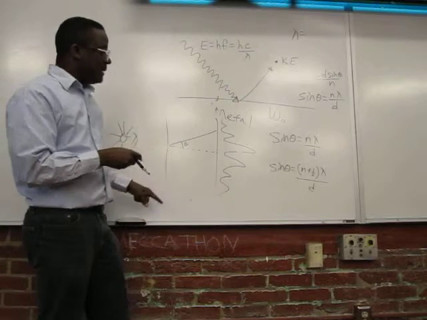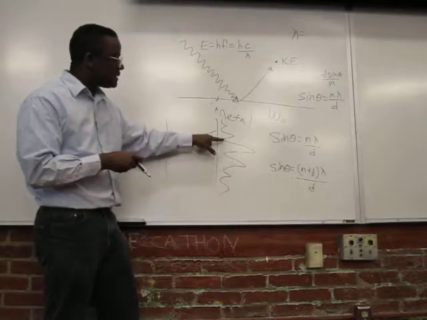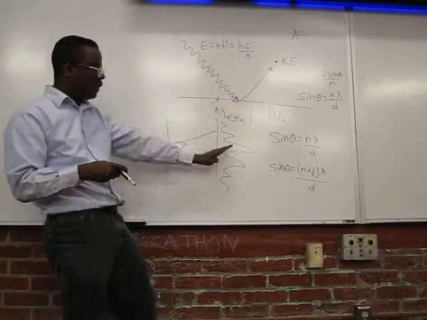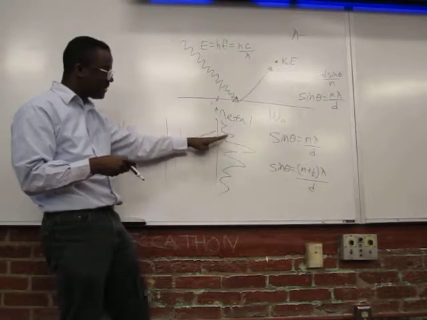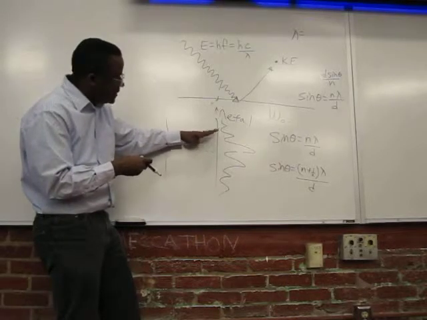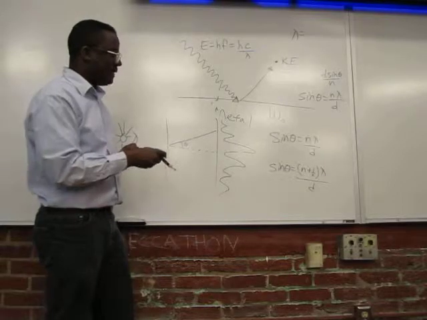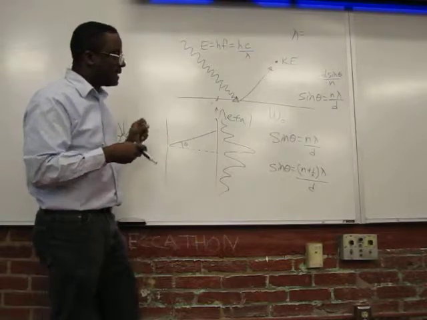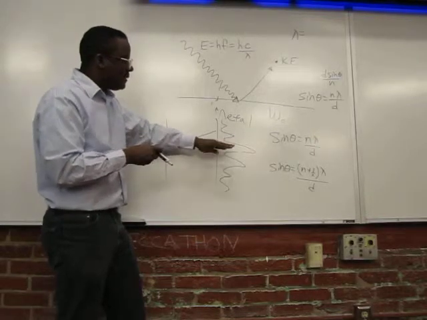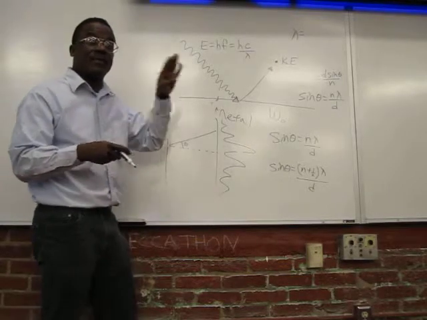Same thing for the dark fringes. This angle right here points to where the dark fringe is going to be on the screen. Your first dark fringe is going to be here, at an angle of blah blah blah. Your second dark fringe is going to be right here, and so forth. And d is just the distance between the slits, because the distance between the slits and the wavelength of the light determine the distances between the bright fringes and the dark fringes and where they're located on the board.